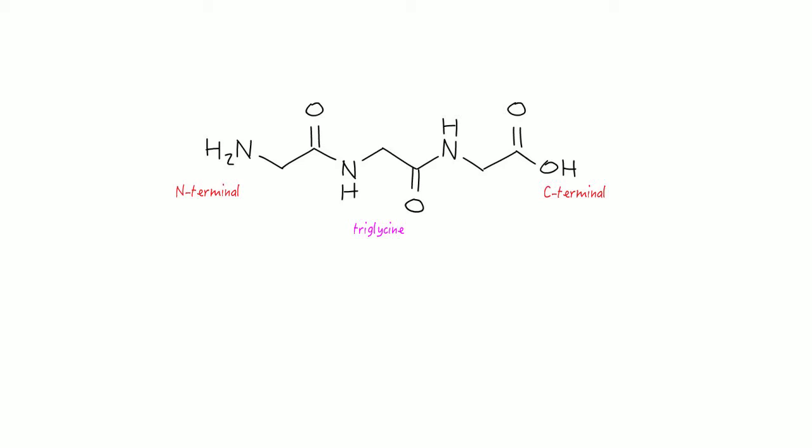The peptide N-terminus is conventionally drawn on the left-hand side, and if it's a free amine, then we would state H, gly, gly, gly, and OH if it's a free carboxylic acid on the C-terminus.